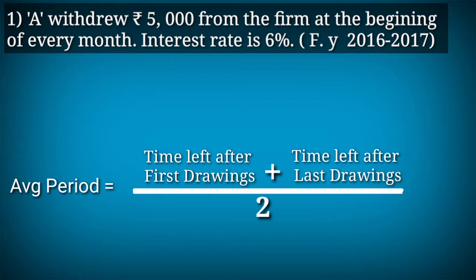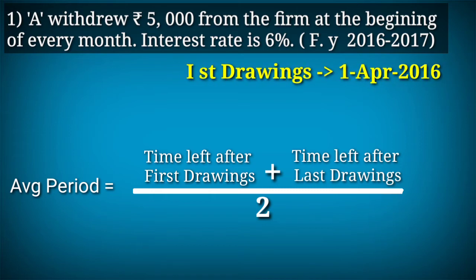Here first drawings is made on 1st April. So from 1st April to 31st March, how many months are left? Here 1st April is a full month, then May, June, July, August, September, October, November, December, January, February, March. So 12 months is remaining. So time left after first drawings is 12 months.